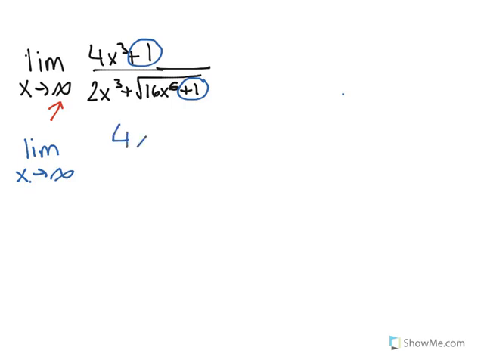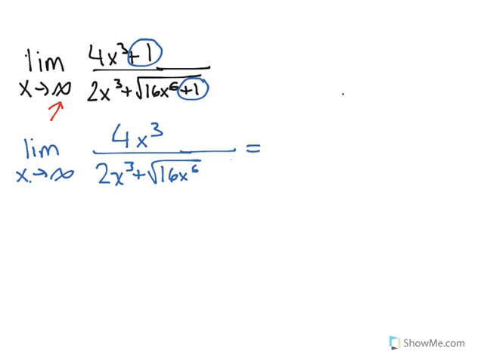So this is the same thing as the limit of 4x cubed over 2x cubed plus the square root of 16x to the 6th.